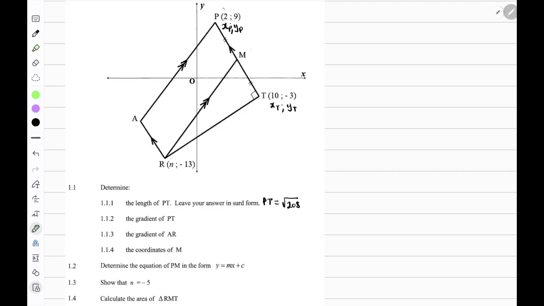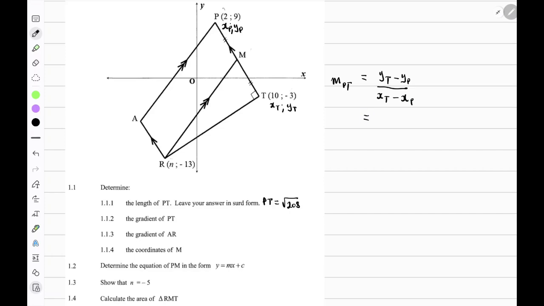So the next question wants us to find the gradient of PT. There we can apply the gradient formula. Notation is important: small letter m, the gradient of PT, is equal to the change in y, which is YT minus YP, over XT minus XP.